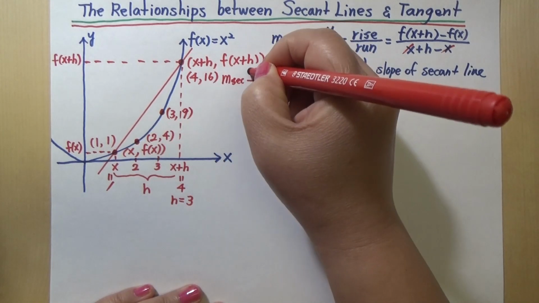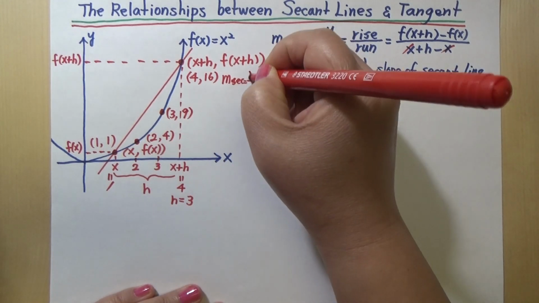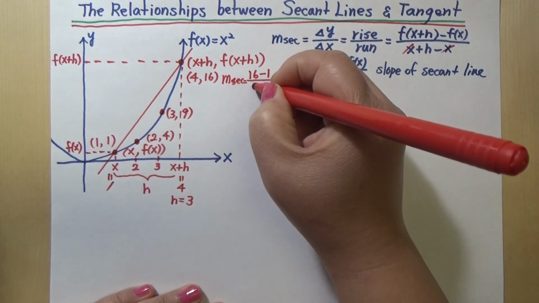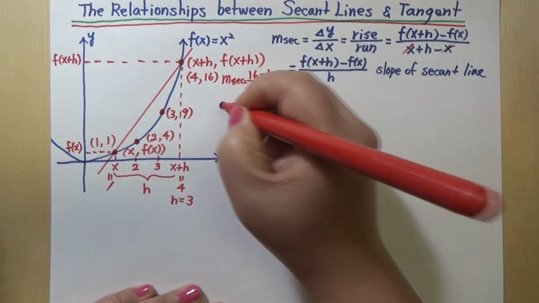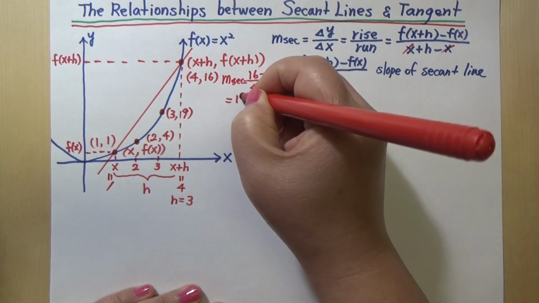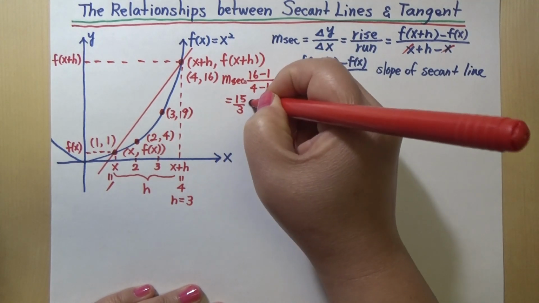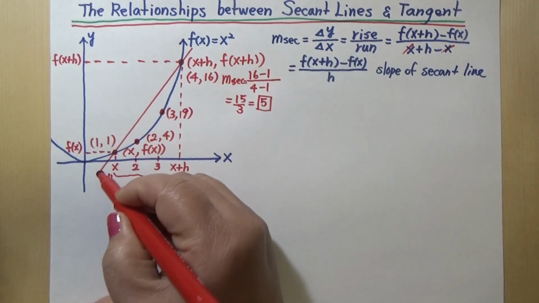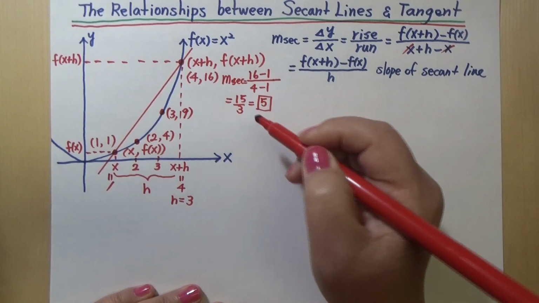So 16 minus 1 over 4 minus 1, which is 15 over 3 is equal to 5. So the slope of this secant line is 5.